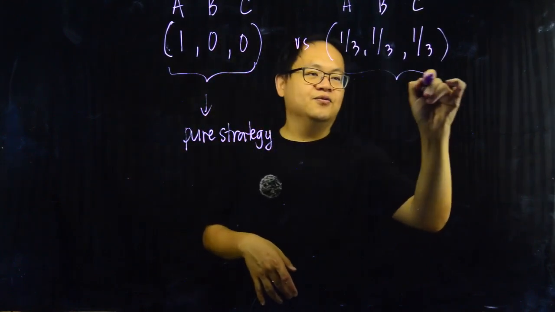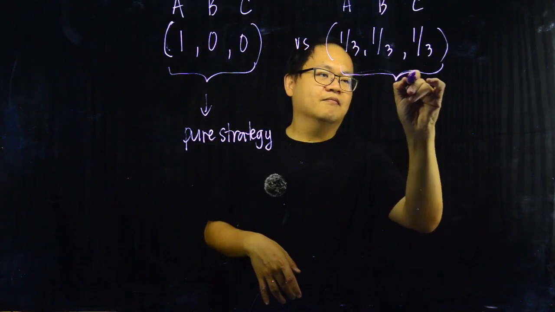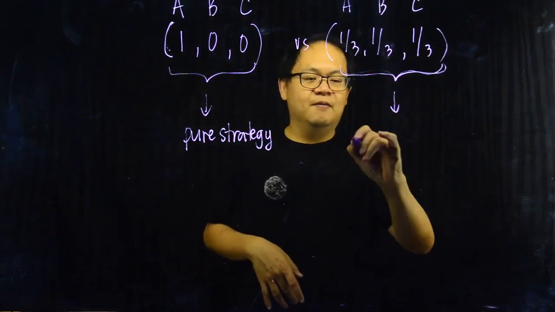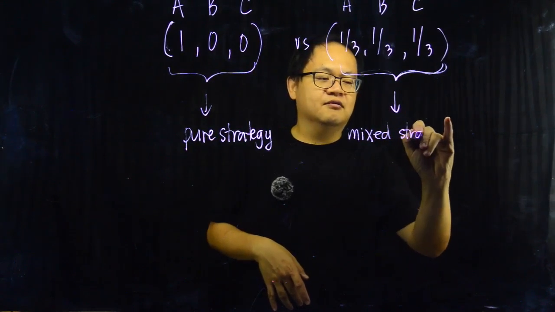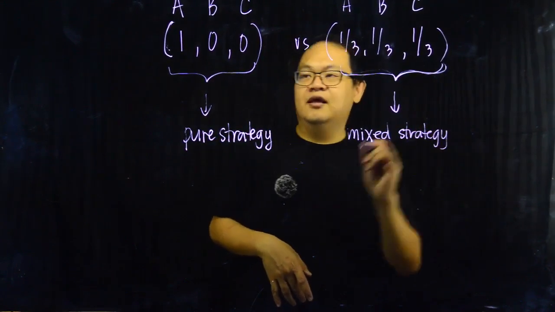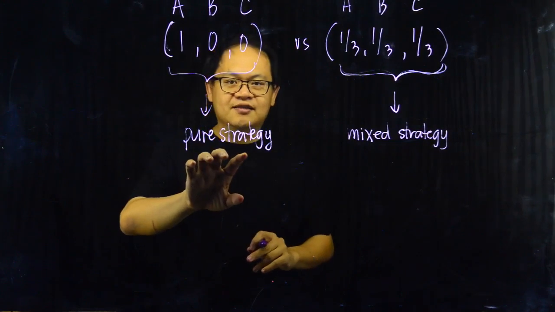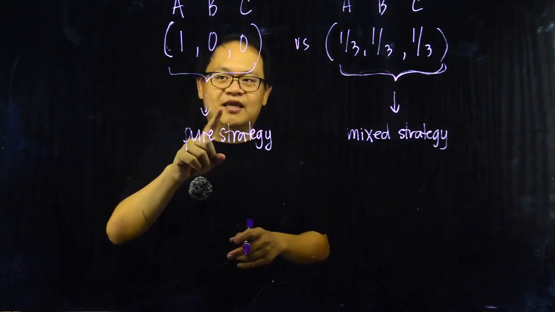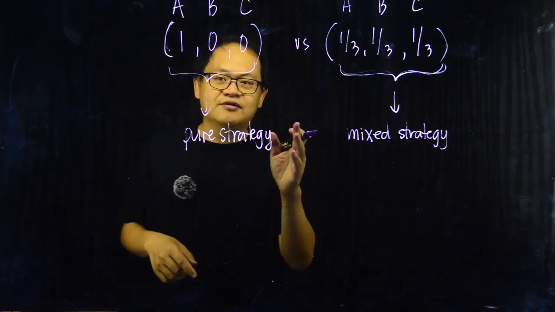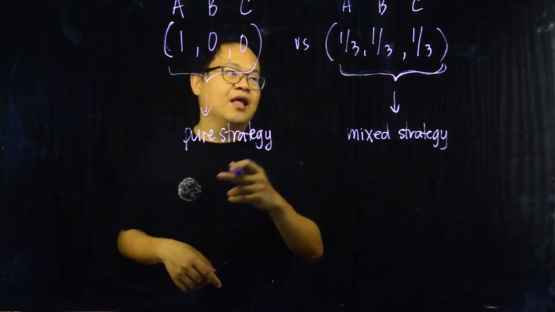This kind of solution is what we call mixed strategy. Essentially, a pure strategy is a strategy where you do one strategy 100% of the time and all the other strategies 0% of the time.